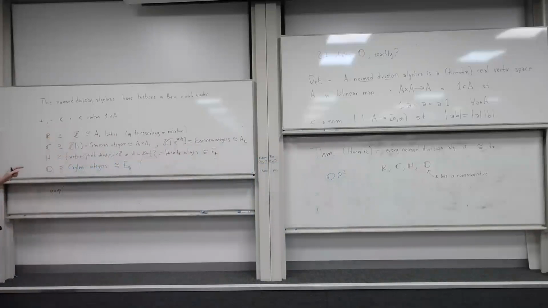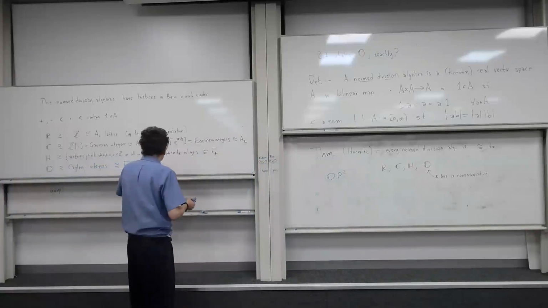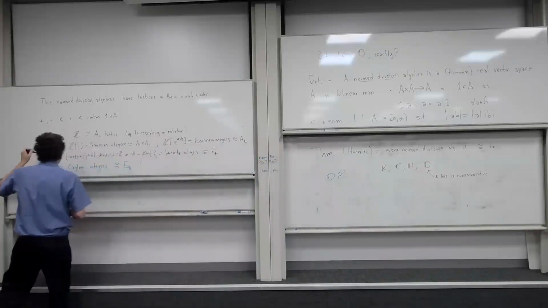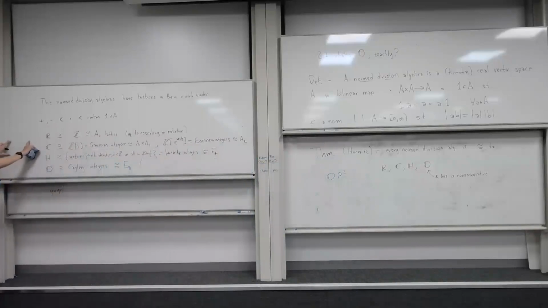A sort of semi-boring one: the Gaussian integers were boring because they're just integer coordinate points. There's a thing like that you can do with quaternions. Just quaternions with integer coordinates is a lattice that's closed under multiplication.